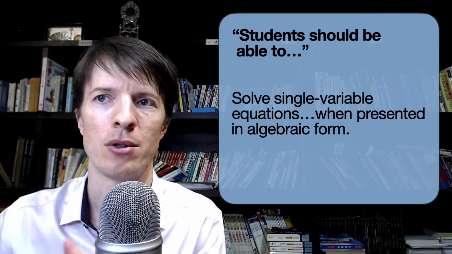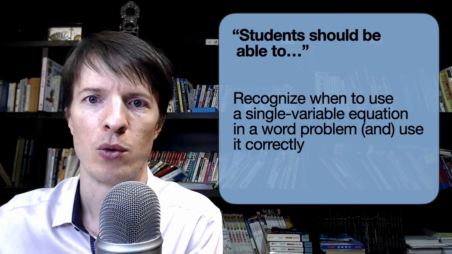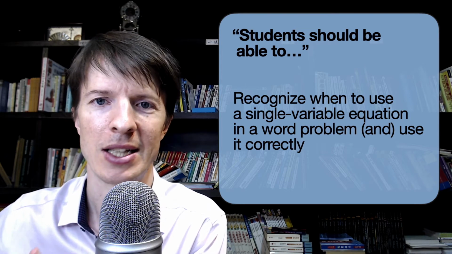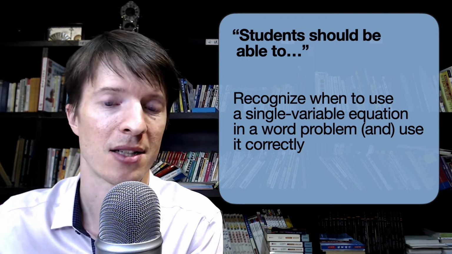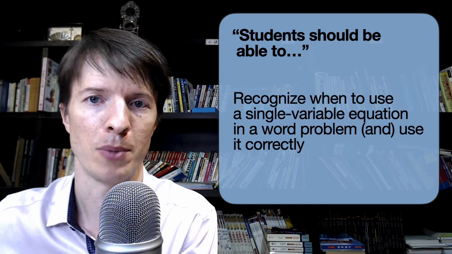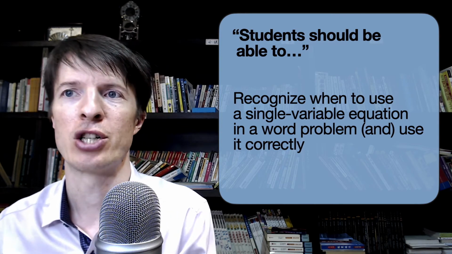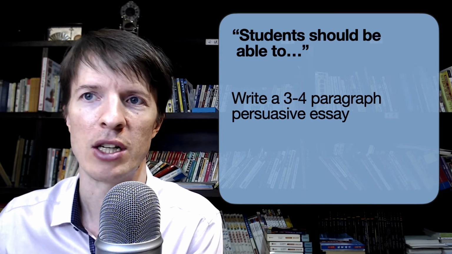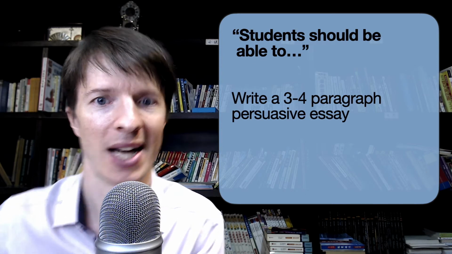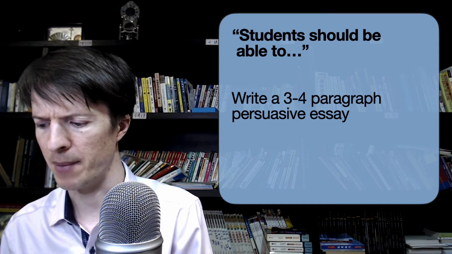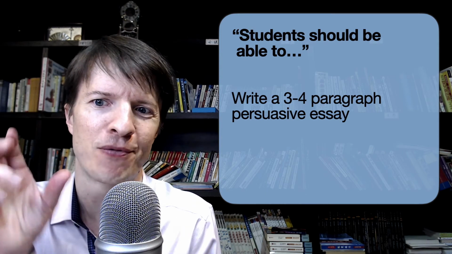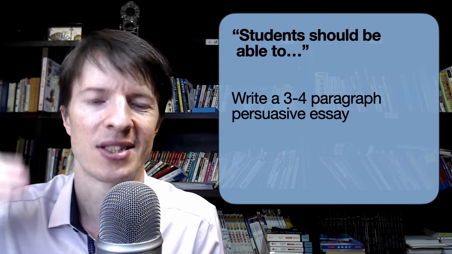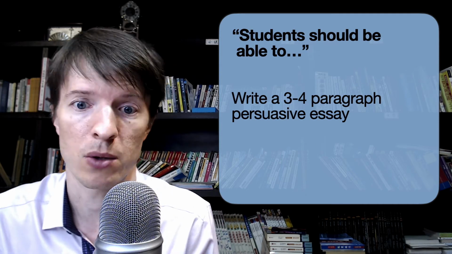They should be able to perceive when an equation is needed in a word problem and create that equation for single variable problems. They should be able to write a 3 to 4 paragraph persuasive essay. What this does is help frame your goals in a way that focuses on the skill that you're teaching, which is what you want the goals to do.